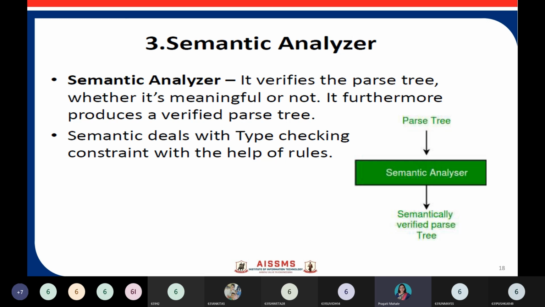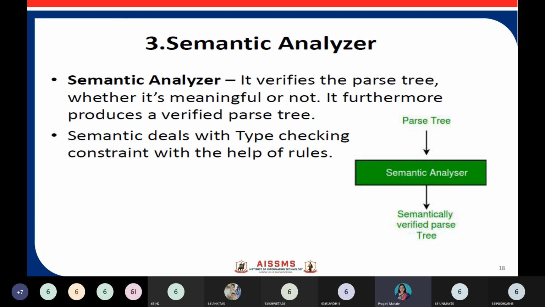So what is the role of the semantic analyzer? It verifies the parse tree, whether it's meaningful or not. It furthermore produces the verified parse tree. So we have had a check of syntax, and now there is a check of semantics. For any language, we need both syntax and semantics checks, right?